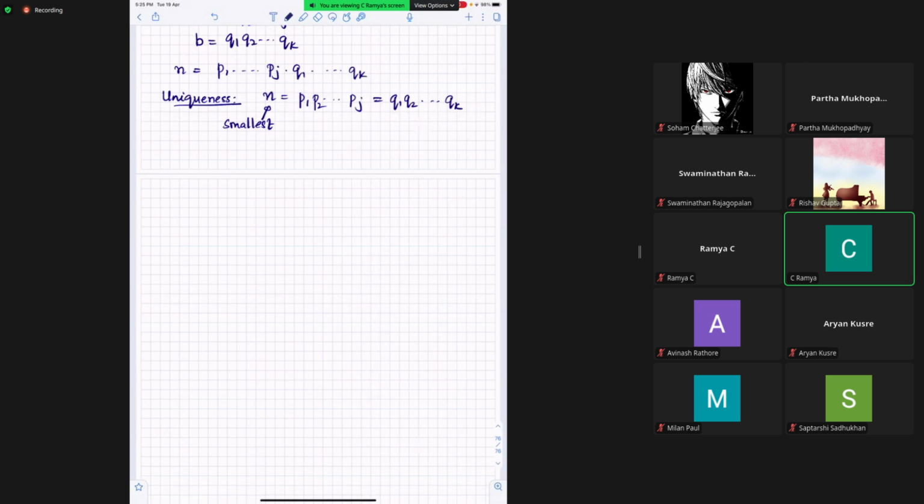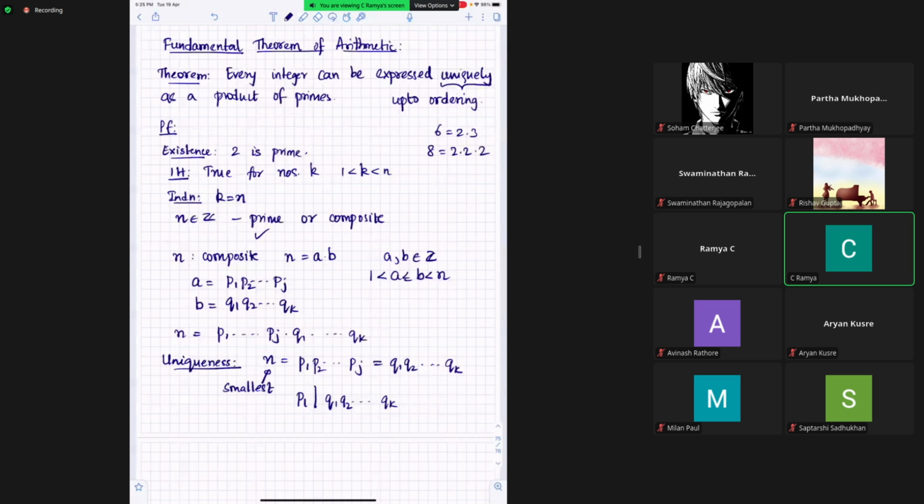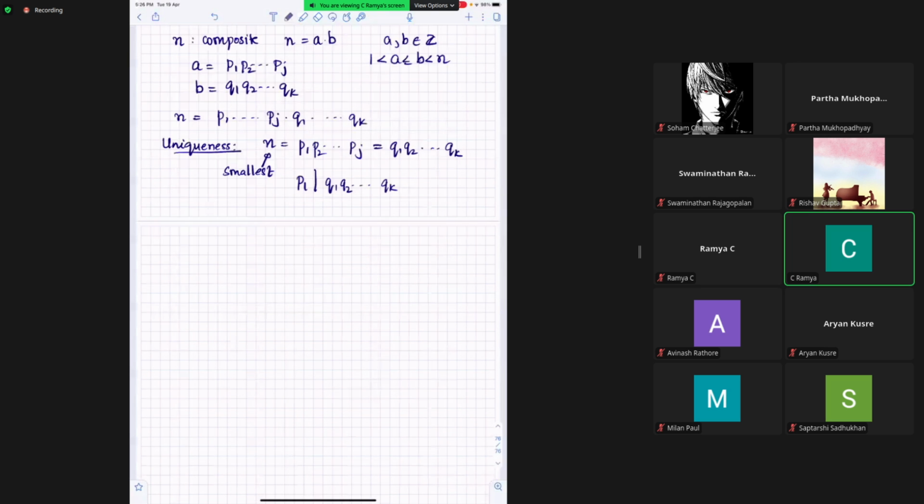Right? And these are some bunch of factors on the left hand side and some bunch of factors on the right hand side. So we can definitely say that p1 divides q1 through qk. Now you use this generalization here. If it divides a bunch of prime factors, it should divide one of them. Right? So this implies p1 divides qi for some i.